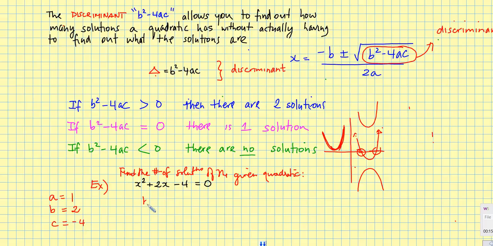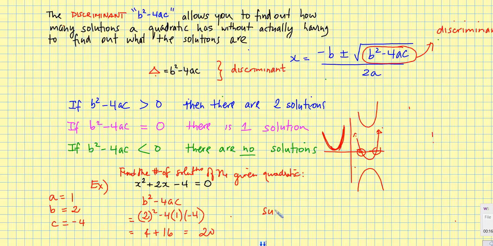And from there, I'll just take my discriminant, b squared minus 4ac, and I'll say 2 squared minus 4 times 1 times negative 4. Now, when I add that all up together, I do the proper calculations, I end up getting 4 plus, negative 4 times negative 4 is 16, and that equals 20.